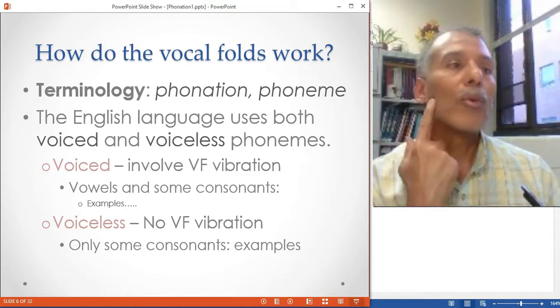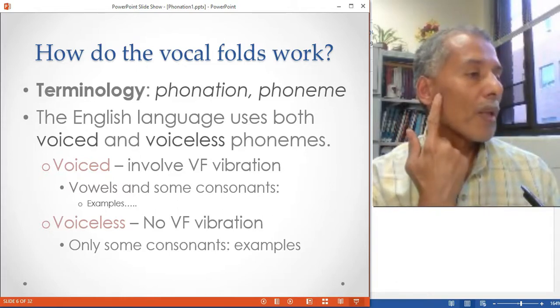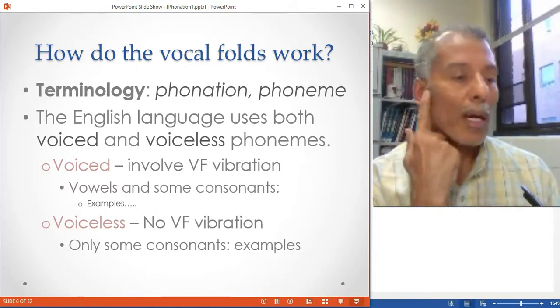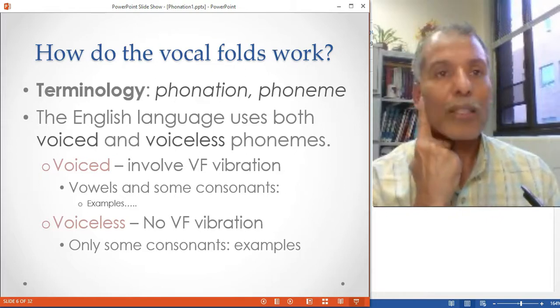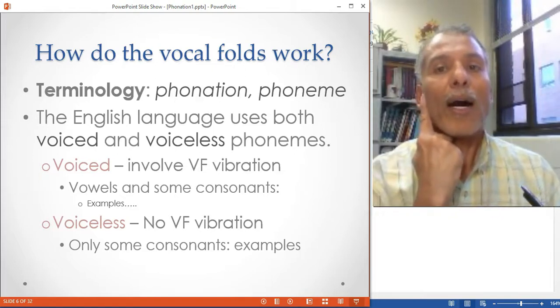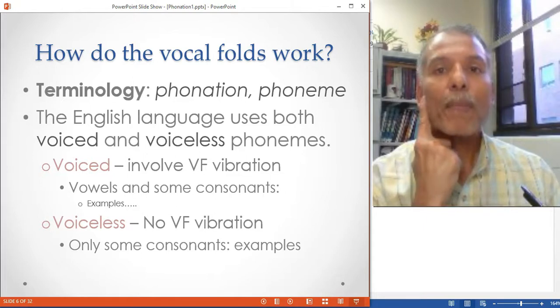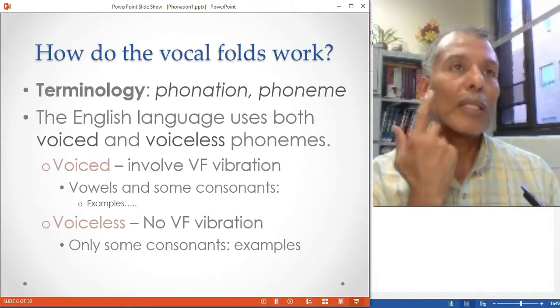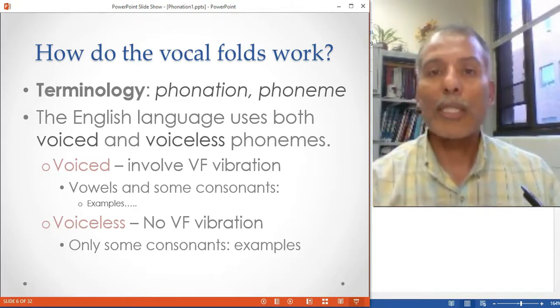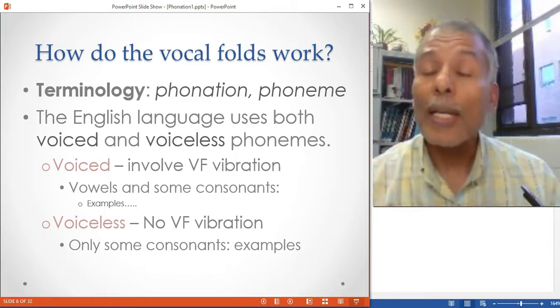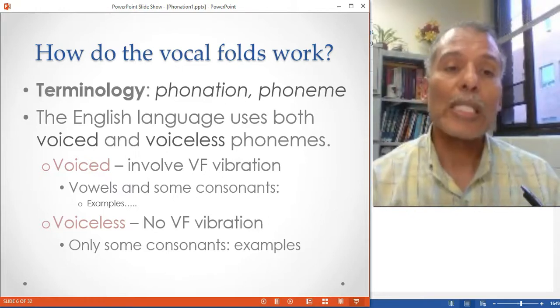and you go back to the back of the tongue and the soft palate. You say g, as in give, and that's basically it for the voiced consonants.